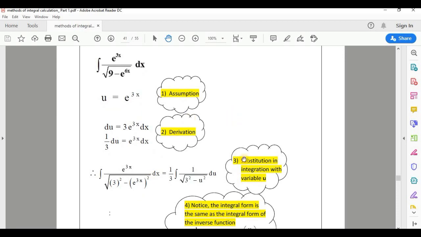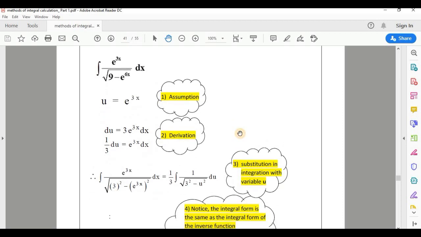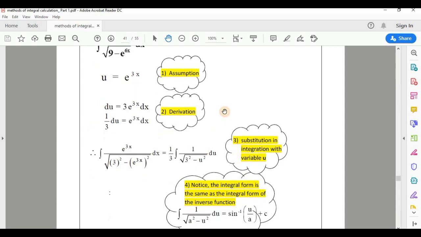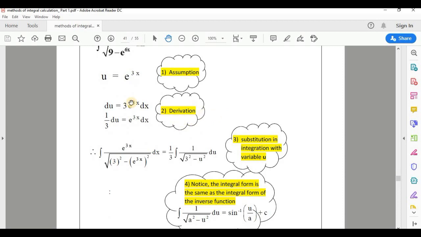Next, we will use the integration by substitution method to solve the integral. The first step is the assumption. So we will take u equal to this part, e to the power 3x. Second step, the derivation. We will take the derivative of the assumption on both sides.